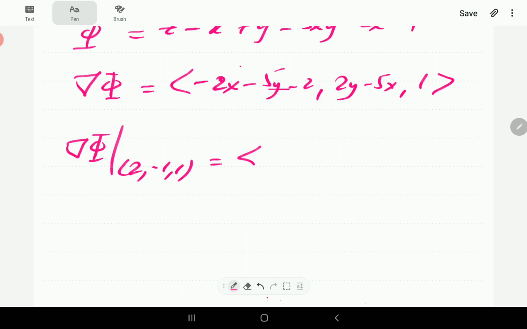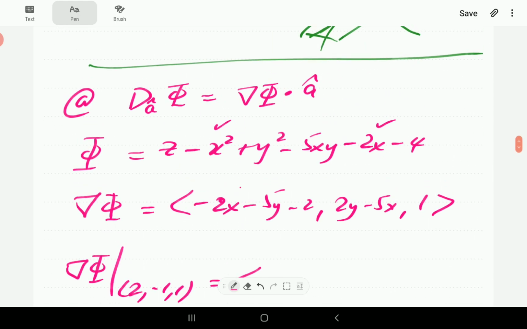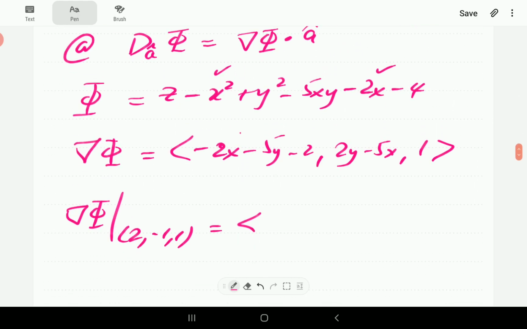Then it's going to be plus 5, so that's 5 minus 4, which is 1, and then minus 2, so that's going to give us negative 1. Just make sure this is correct. Yeah, so x is 2, so that's negative 4. y is negative 1, so it's 5 minus 4, which is 1, and then take away 2.